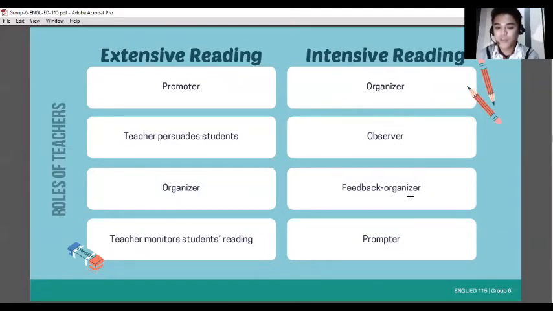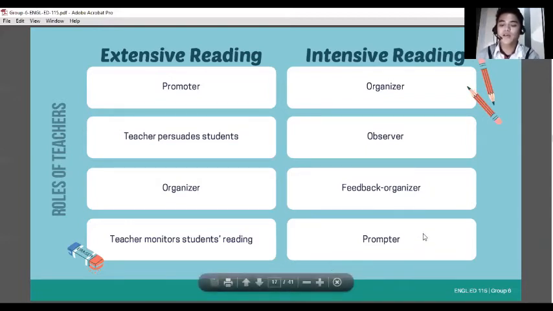We can immediately provide feedback to the students, for example, if we are to discuss the text, they can immediately read through and ask questions, and we can provide feedback. We are also prompter because if we are to discuss the topic, we can simply correct information if the students do not understand it fully.